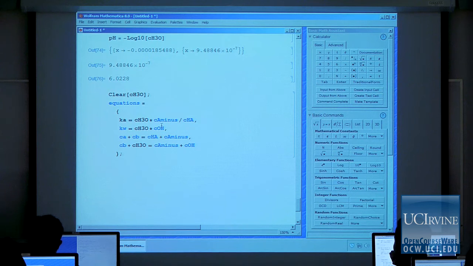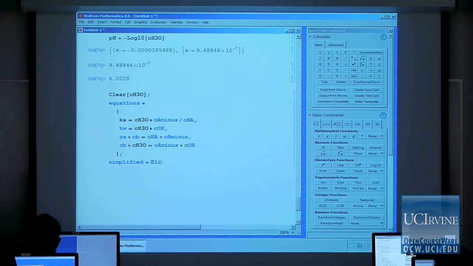Now, this next step is a new command, but as you'll see, it's really cute. I'm going to put in simplified. I'm going to define that as the equation that I get by eliminating all the variables here except for H3O. So it's basically going to combine all these equations and eliminate all the variables that I specify.